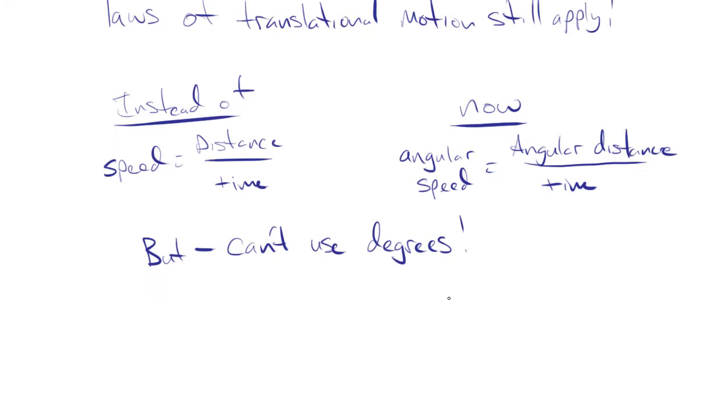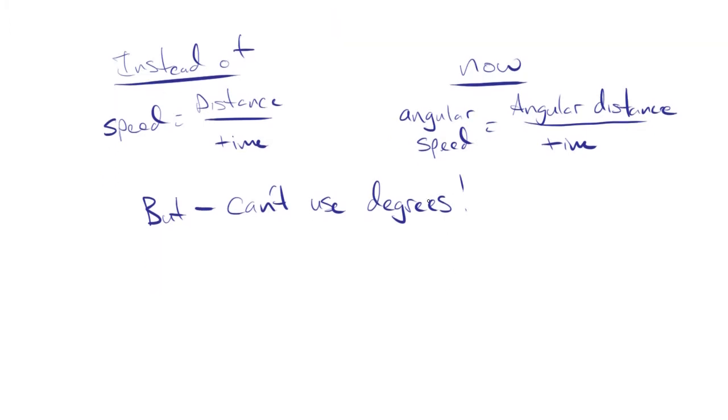But when we're talking about rotational quantities, generally we want to avoid using degrees. And the reason that we want to do that is because if we use degrees, we can't correlate these angles with any sort of linear quantity.